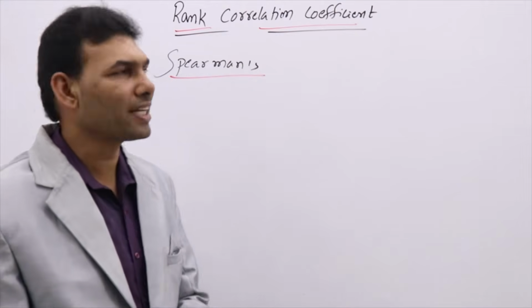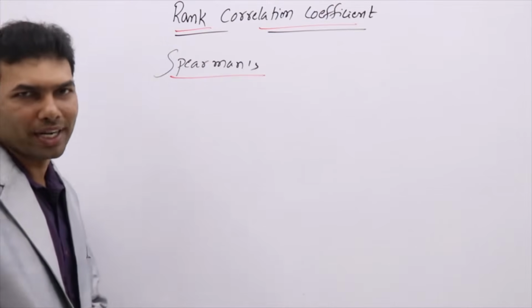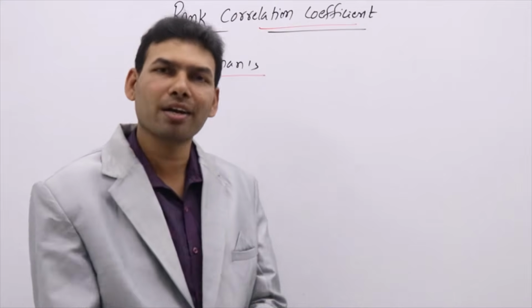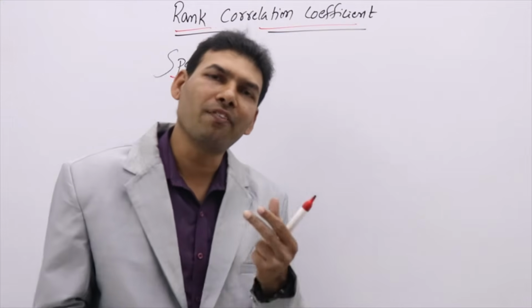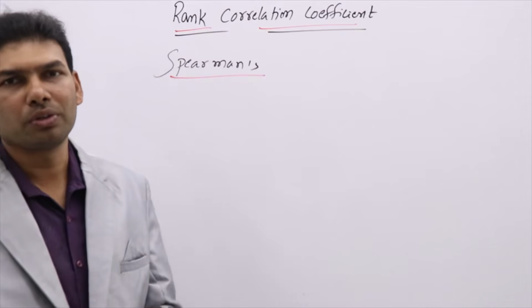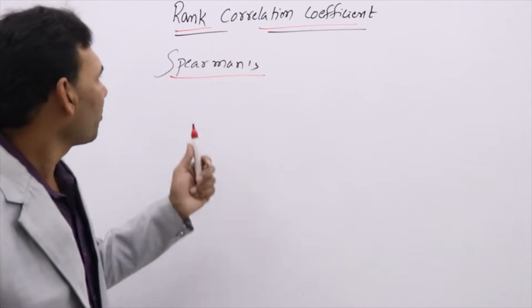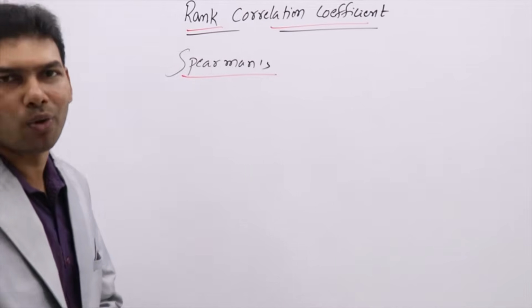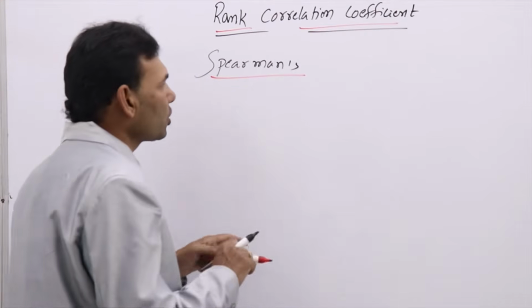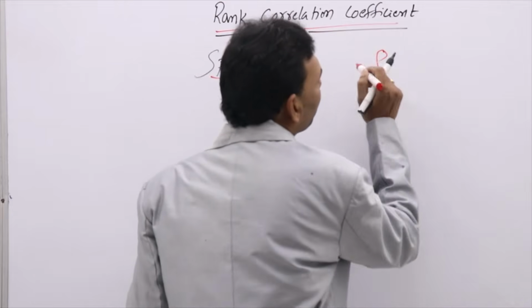These we are going to test using rank correlation coefficient. But in the case of the coefficient of correlation, small r, we can find the relation between quantitative characters. Spearman's rank correlation coefficient is denoted by rho.